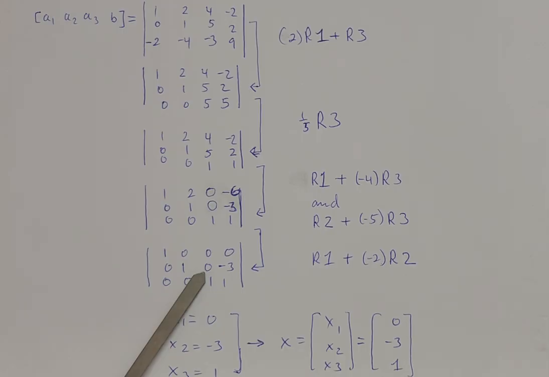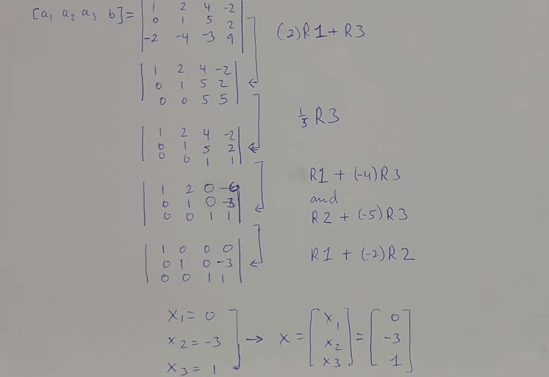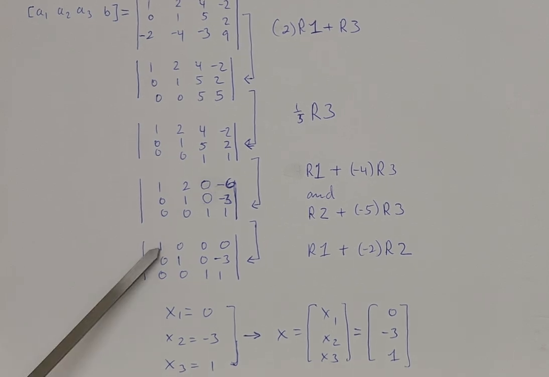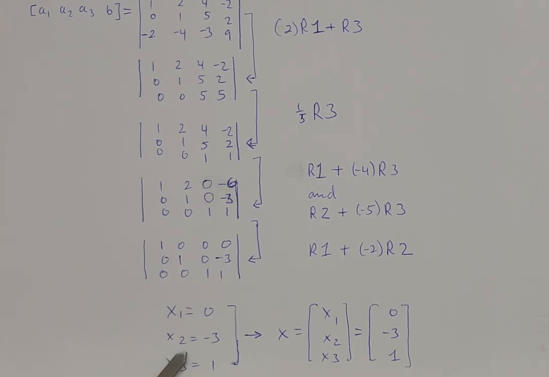Then we are done. So the answer should be 0, negative 3, and 1, which I have down here. So x1 is 0, x2 is negative 3, x3 is 1.